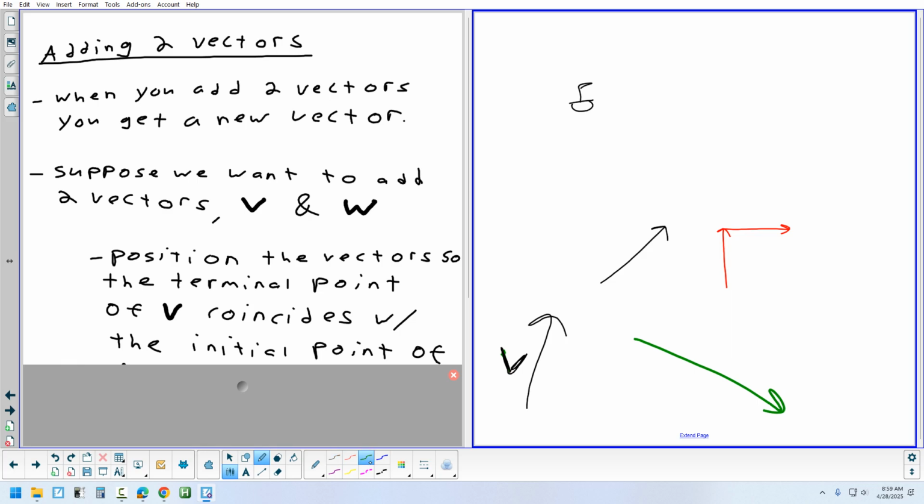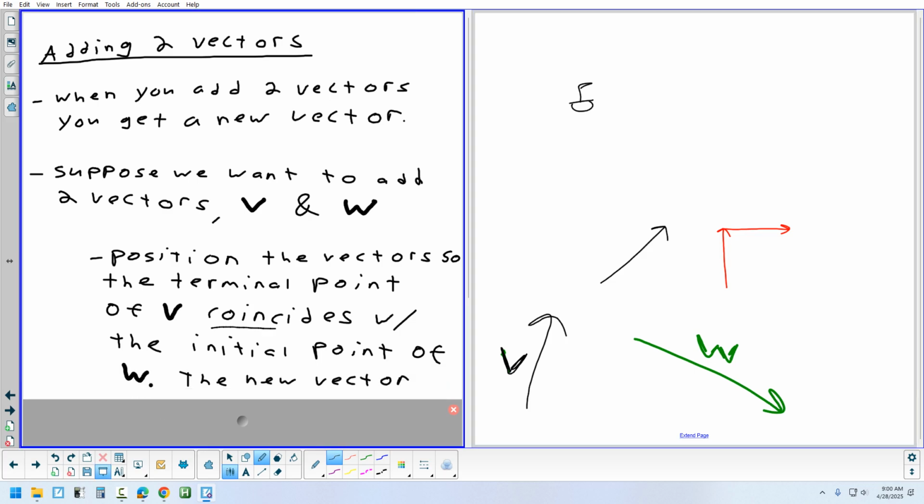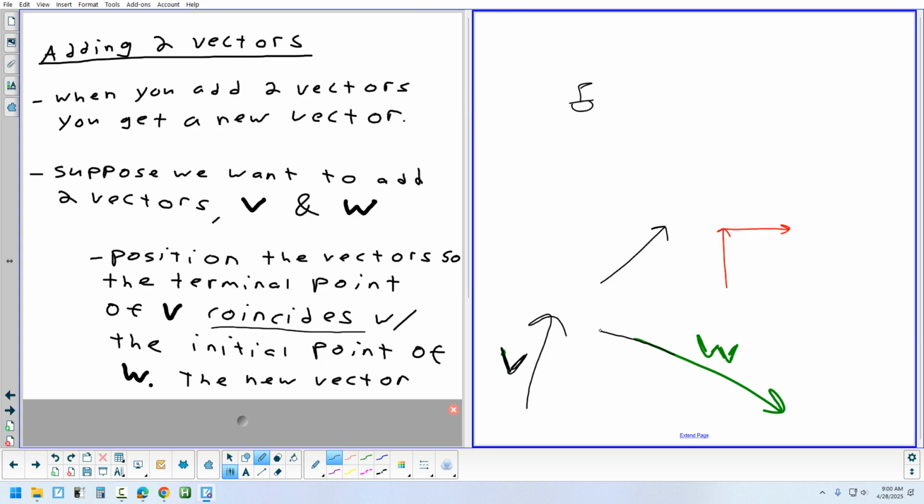And let's call the green one w. Line them up so the end point of v and the initial point of w are right on top of each other. Just like that. Okay. Any questions on how I line them up?